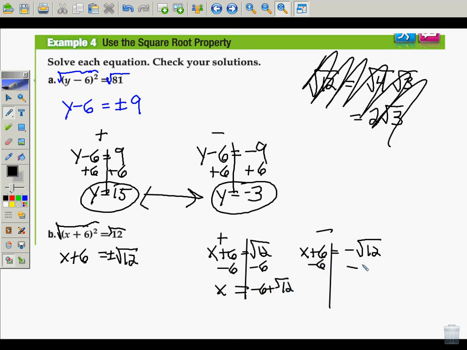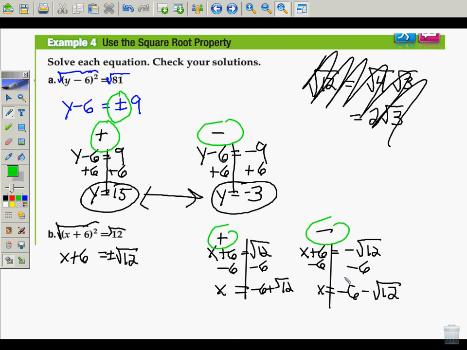Main idea here is just that you can see that when I take the square root of something, you will always have a plus or minus. And when you're solving an equation, that will lead you to have two separate equations, one accounting for the positive answer, one accounting for the negative answer. And just because I say positive and negative, it doesn't necessarily mean that one answer will be positive and the other answer will be negative for the variable.